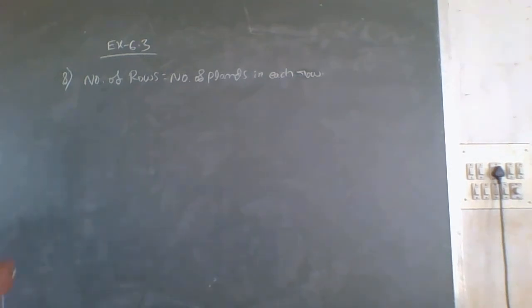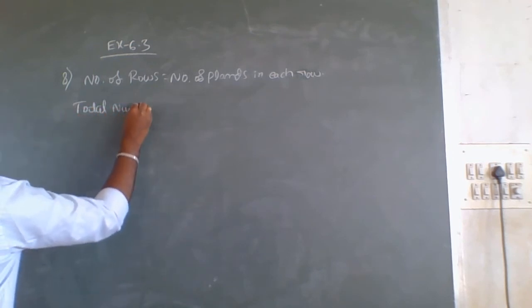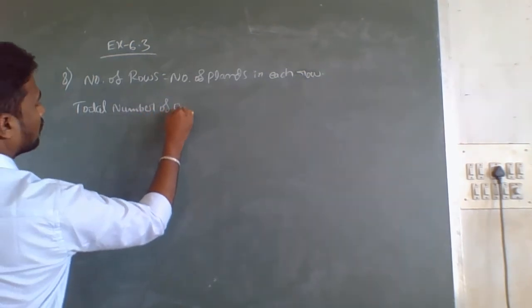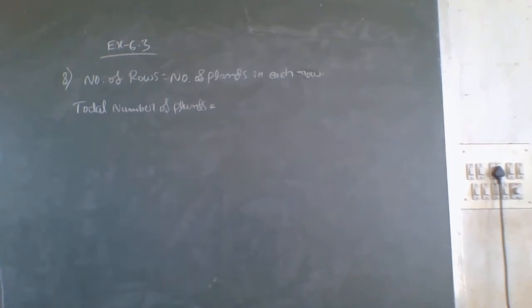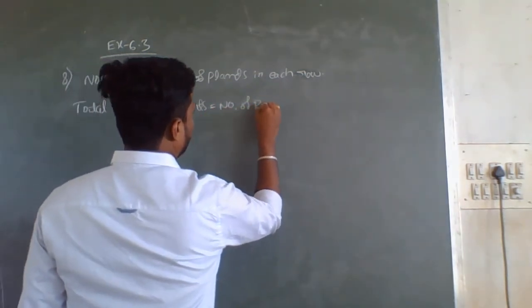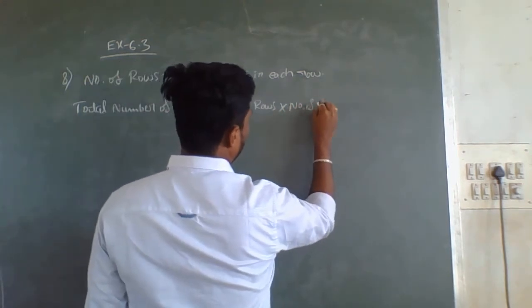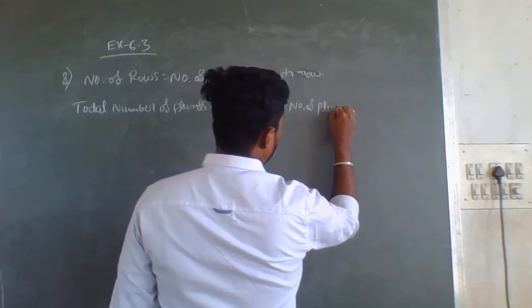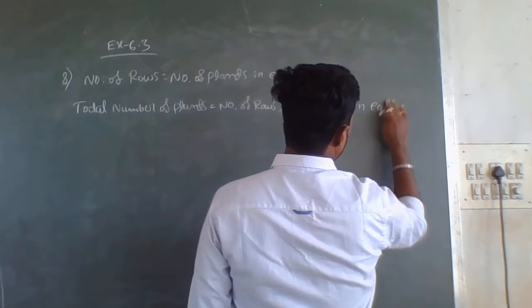So now we can write the total number of plants equals the number of rows into the number of plants in each row.